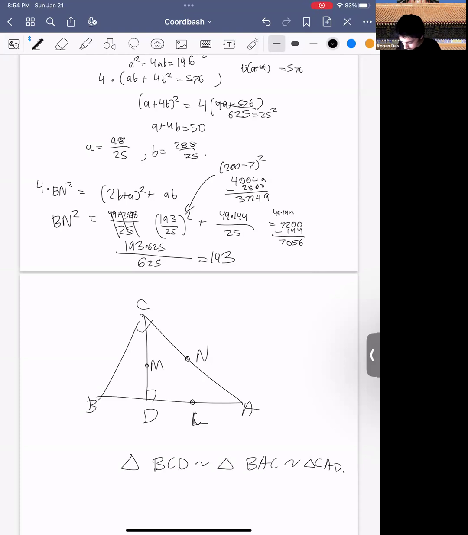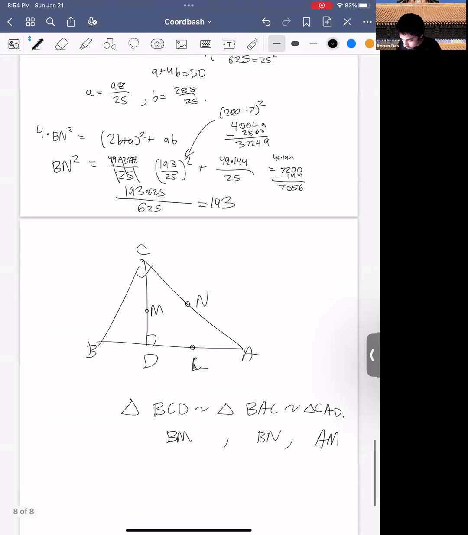And the lengths from the first point to the midpoint of the opposite side are BM, BN, and AM. So the ratio of these lengths is equal to the ratio of any of the corresponding sides of these similar triangles. And from that, you can solve the problem.